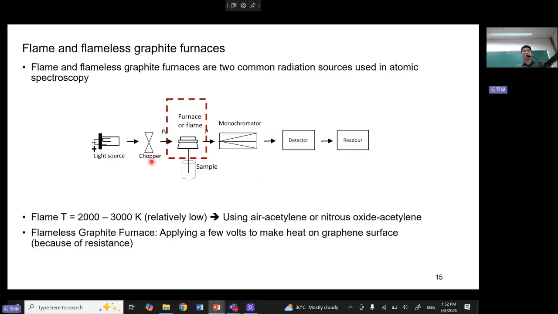First of all, you see a light source, right? Because FAA and GFAA are atomic absorption spectrometry, the light source is used to provide the light for quantification purposes.